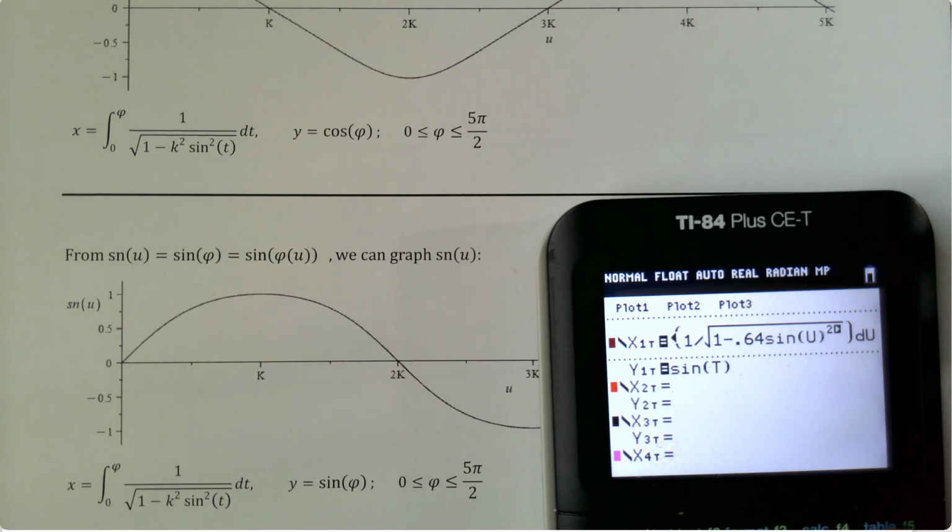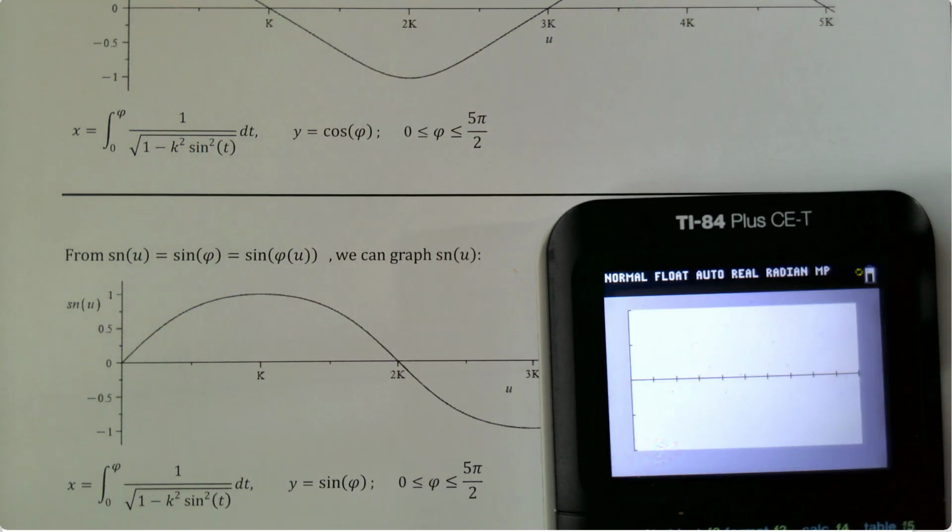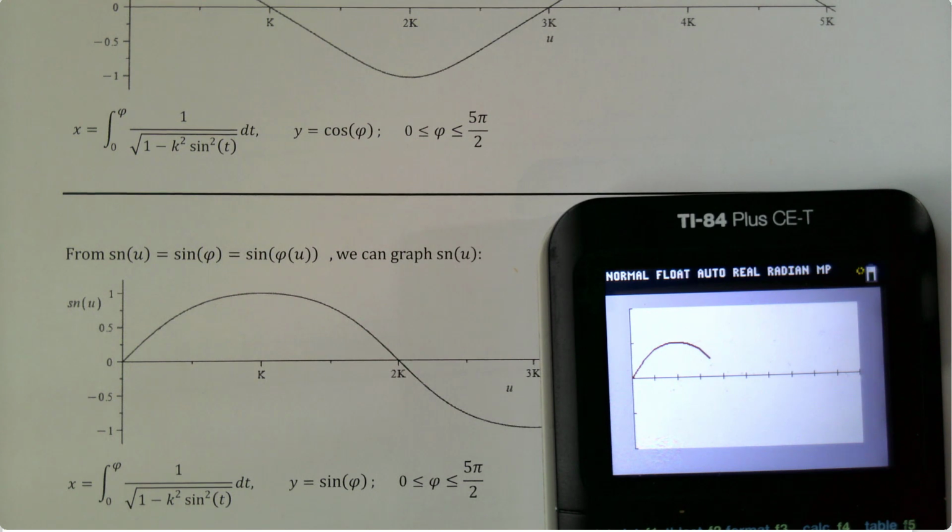So simple as that. To graph y equals Sunyu, I just need the horizontal axis U in terms of phi, and then y sine of phi, or capital T. So graph. It starts pretty quickly at first, but does slow down quite a bit as it moves along and calculates.